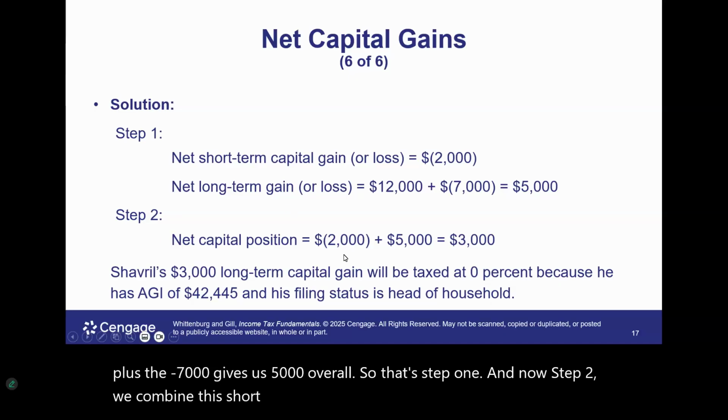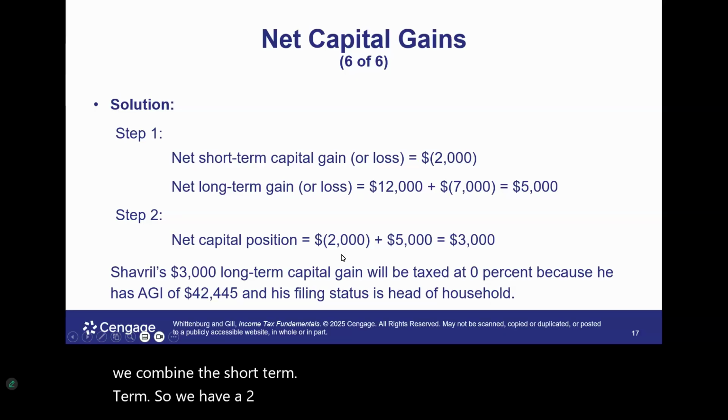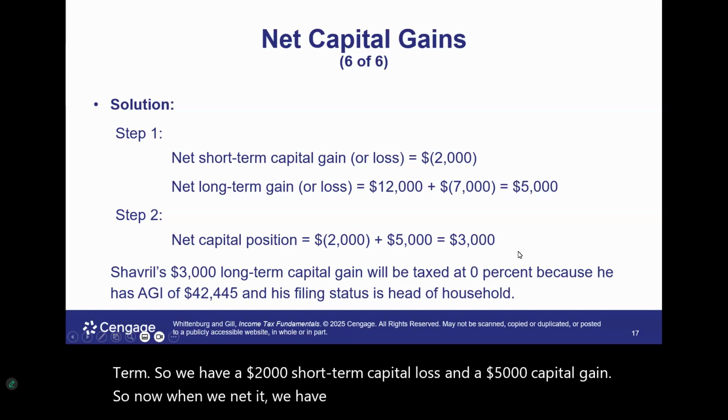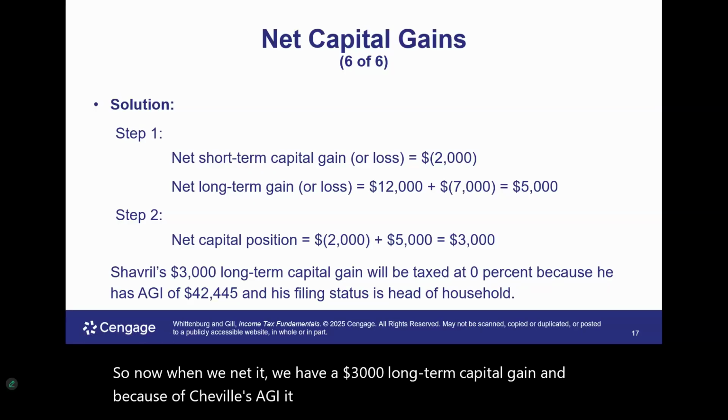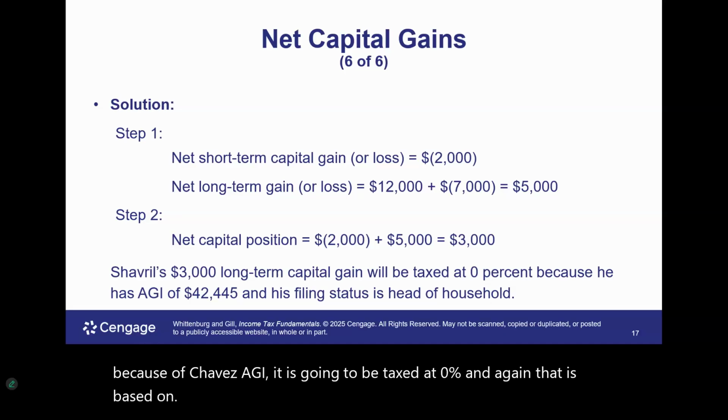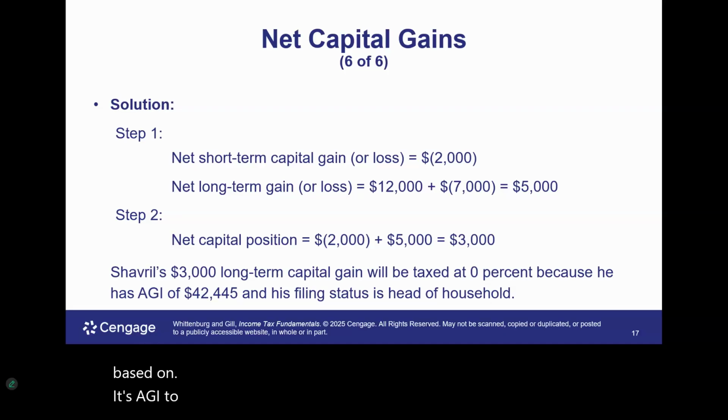So we have a $2,000 short-term capital loss and a $5,000 capital gain. Now when we net it, we have a $3,000 long-term capital gain. And because of Chevril's AGI, it is going to be taxed at 0%. Again, that is based on AGI, the taxable income, as well as the filing status, which is head of household. So this is a very powerful tool.